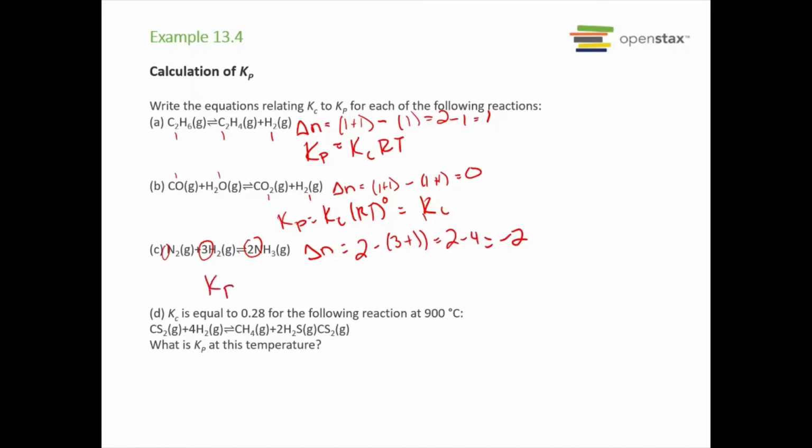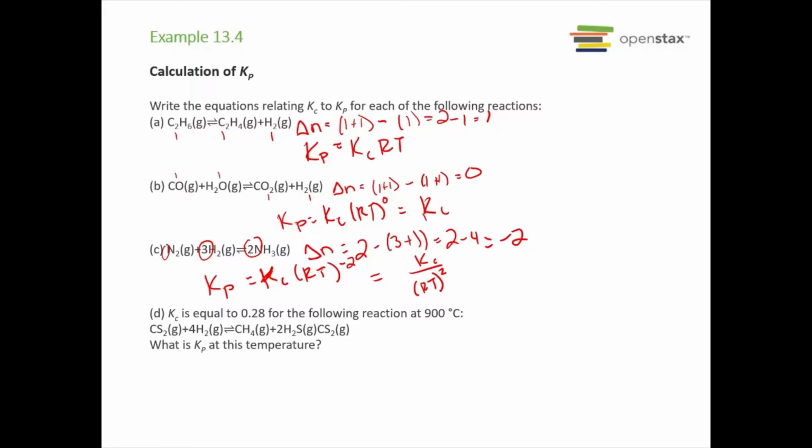So Kp is equal to Kc times RT to the negative 2 power. And we can rewrite this as Kc divided by RT to the 2nd power. Remember, if something is to a negative power, that means it goes in the denominator. Either one of these answers is fine. I would accept either one how they're written.